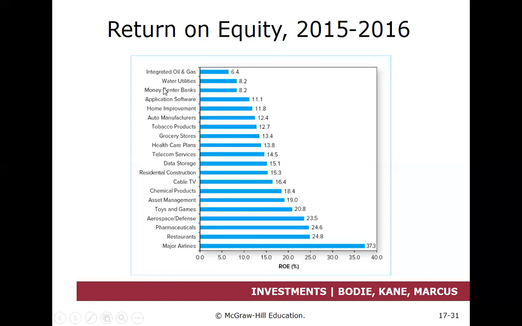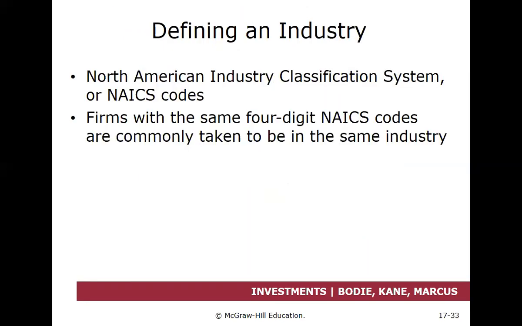We can say that we divide the companies into different sectors, such as airlines, restaurants, pharmaceutical, toys and games, asset management, chemical production, cable TV, residential, data storage, telecom services, healthcare centers, grocery stores, tobacco products, auto manufacturing, home improvement, application software, money center banks, water utilities, and integrated oil and gas.